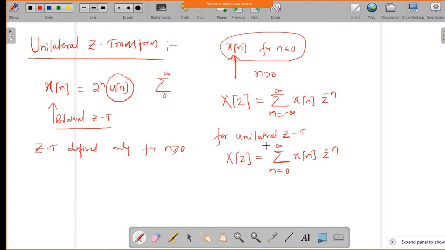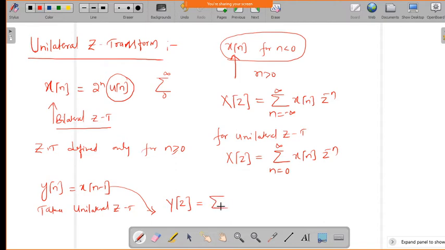Say, for example, you have the signal y of n, which is given by x of n minus 1. How can we express this in terms of the Z transform? If you take the unilateral Z transform, we get y of z equal to the summation from n equal to 0 to infinity of x of n minus 1 into z power minus n.